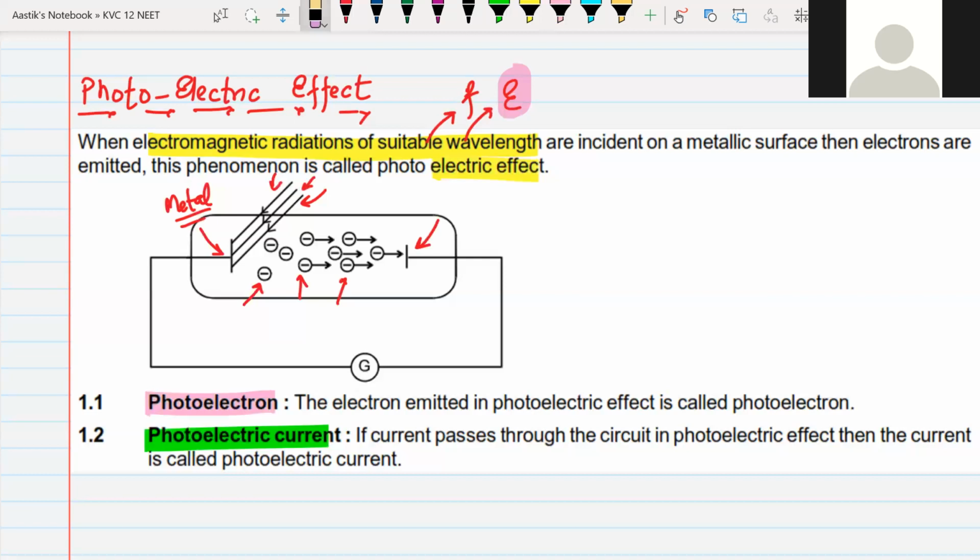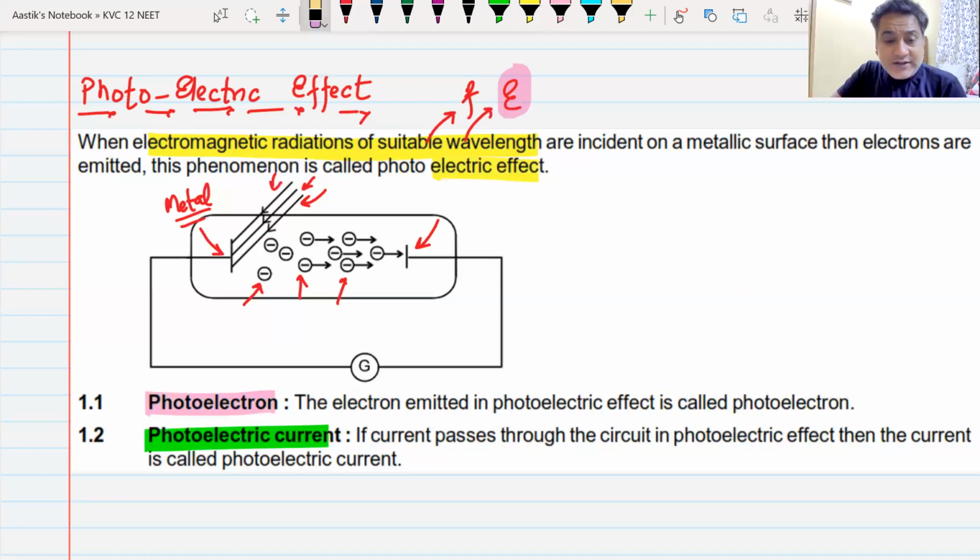Remember, in this entire chapter, what we have to understand is a simple diagram and simple graphs. If we can understand those two things, we are done. This is all about understanding simple definitions and simple things.